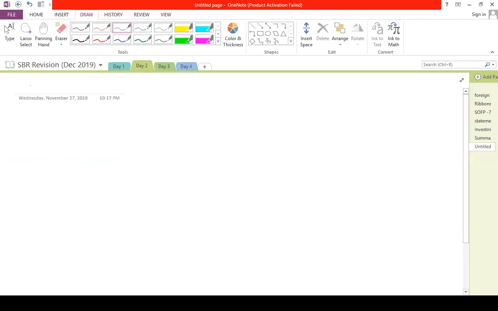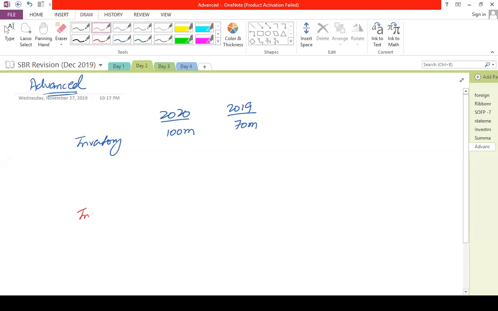Now, when we discussed some advanced cases of the cash flow statements, we say that let's suppose in 2020 we had an inventory of 100 million, and in 2019 we had an inventory of 70 million. So this means simply the inventory is increasing.